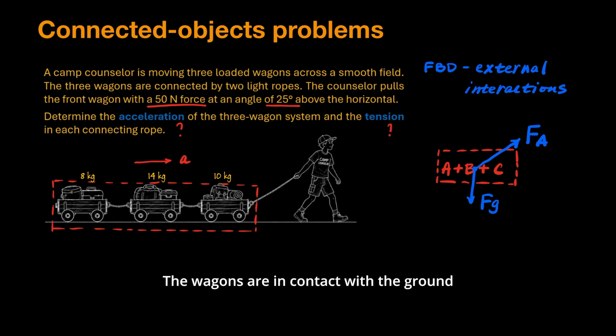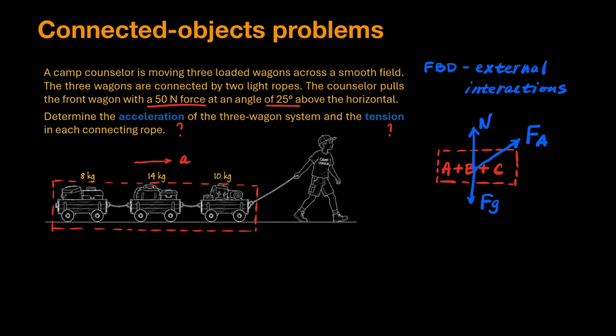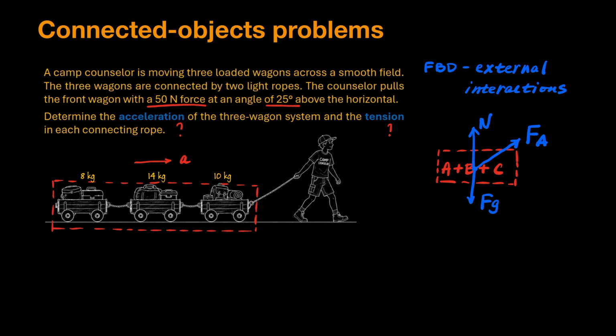The wagons are in contact with the ground, so the ground exerts a normal force on the system. And that's it. There are no other external interactions we need to consider. So our system free body diagram contains just 3 external forces: gravity, the applied force, and the normal force.